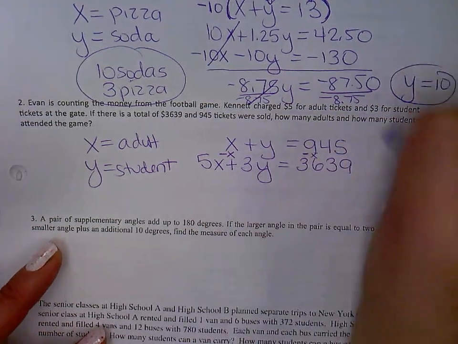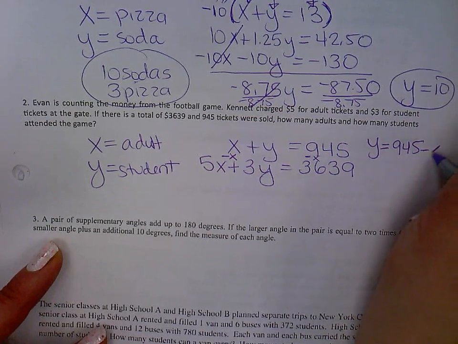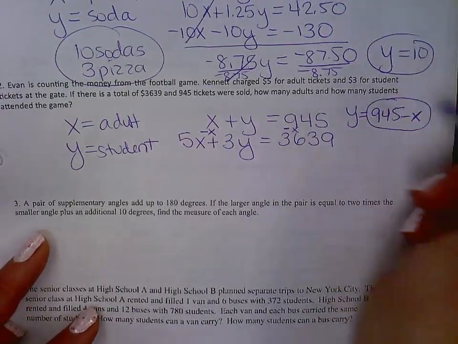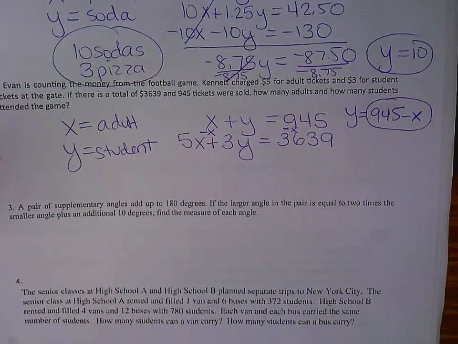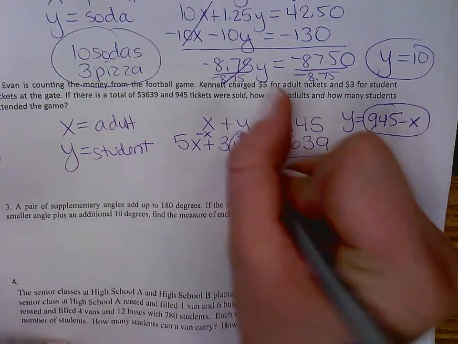So y equals 945 minus x. Right? So where am I going to put that circled y equals 945 minus x? It's going to go into that other equation where I see the y. So I just like to draw an arrow. I'm going to put that right in this equation for that y.